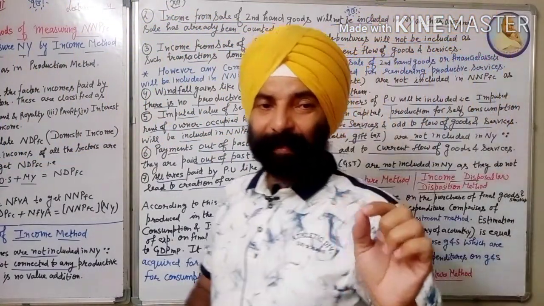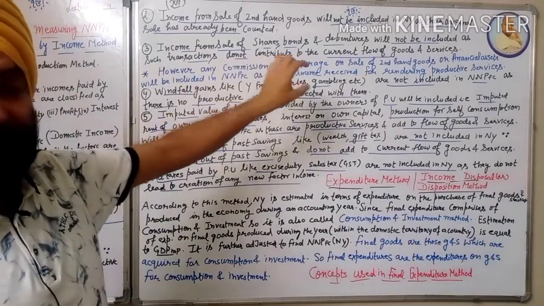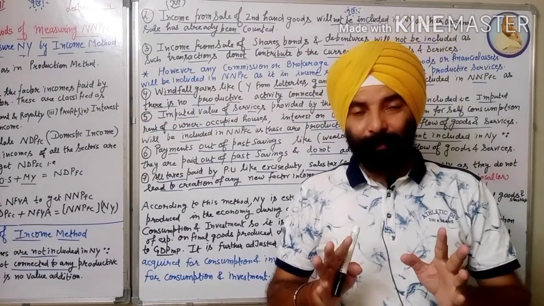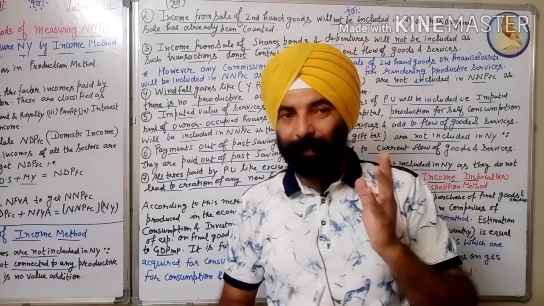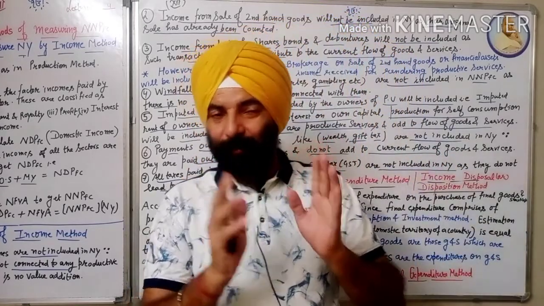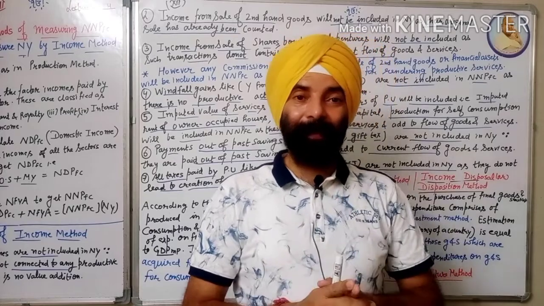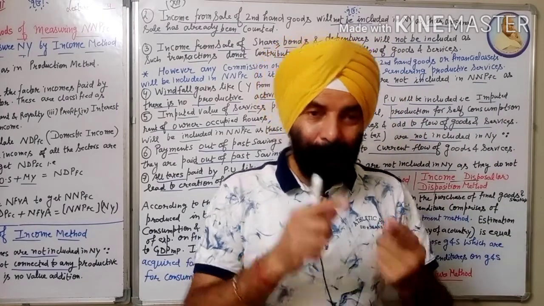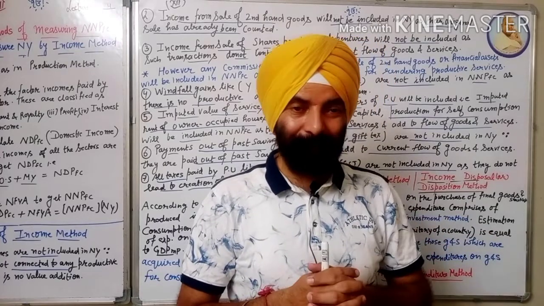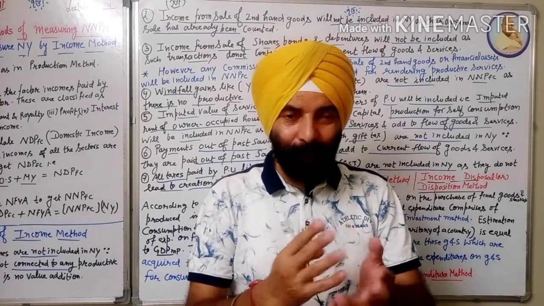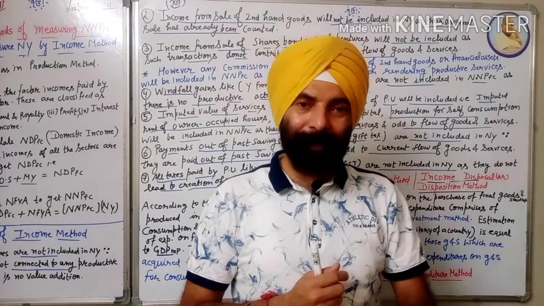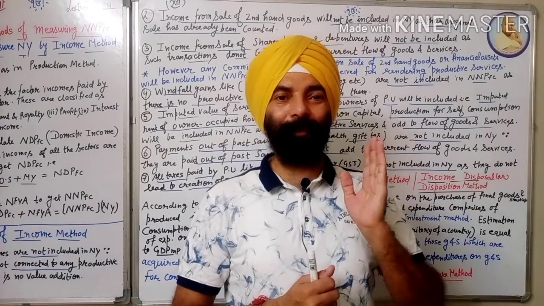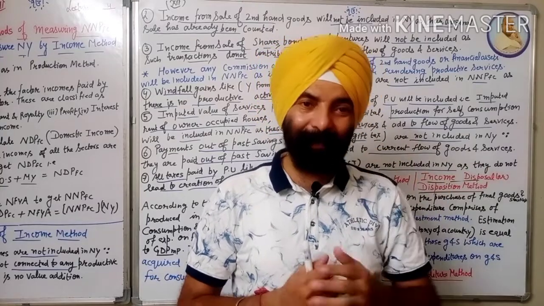Now you see the next is written with a star, these two lines. It tells us that no doubt sale of second hand goods is not included, sale and purchase of shares or debentures is not included, but if any commission or brokerage is paid to the commission agent or the broker for facilitating the sale of these things, shares or second hand goods, it is their fresh output, because they are giving services and they are earning the money.